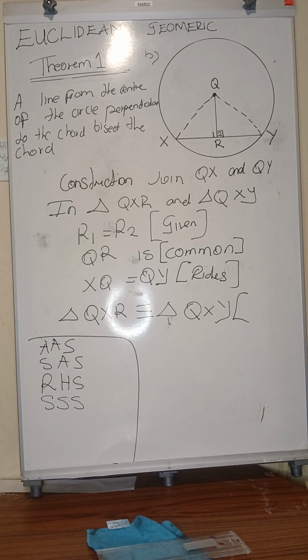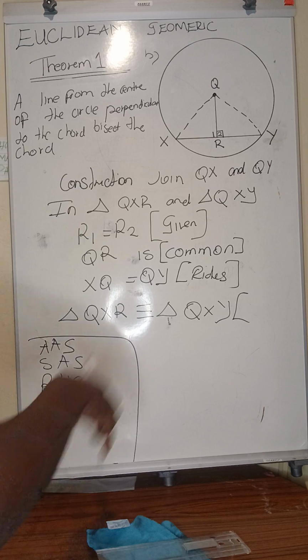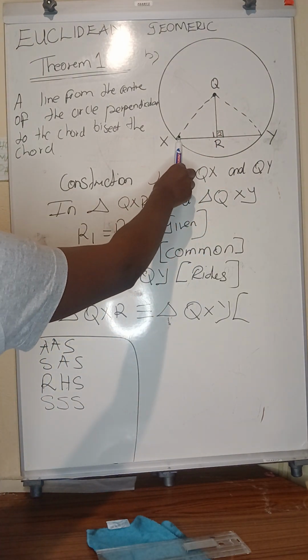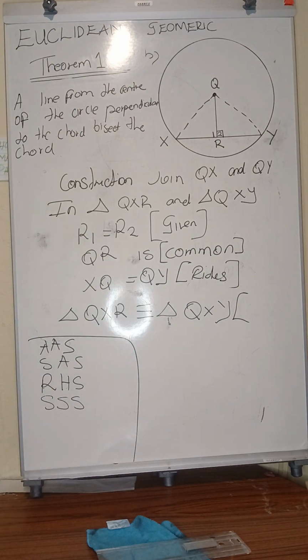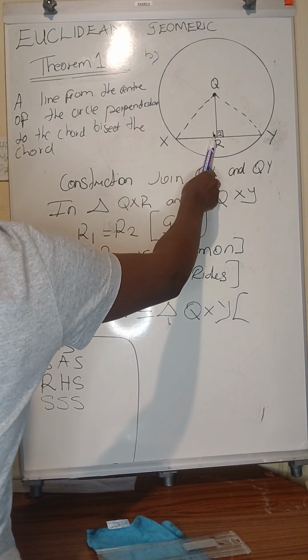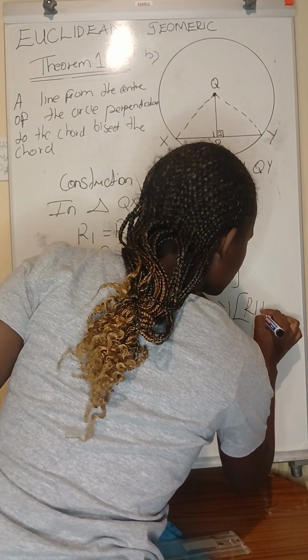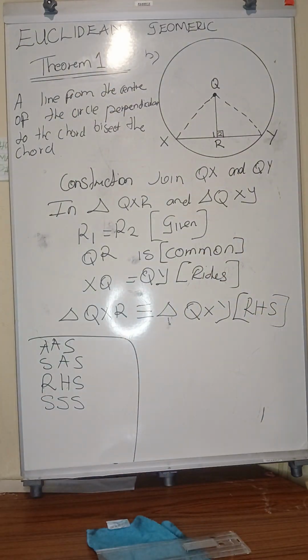Do you know, guys, what is a right angle? Right angle, hypotenuse, and side. So we prove by the RHS. So, guys, please go and practice this in order for you to be able to answer these questions.